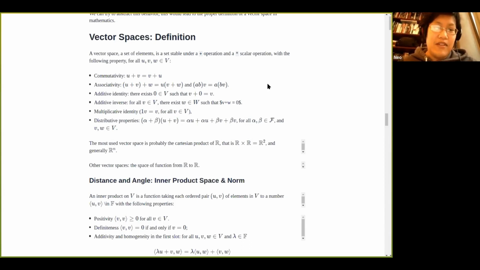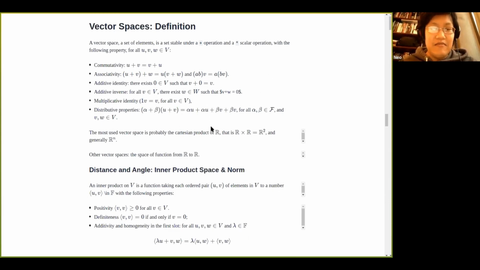When you go into abstract space, you need to impose this. But as I said, in this presentation, we're going to mainly focus on the field of Rn, which is just simply a vector of real numbers. But the most trivial ones are the surface and the volume.